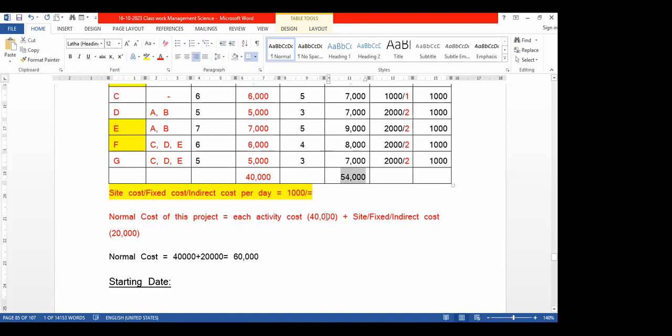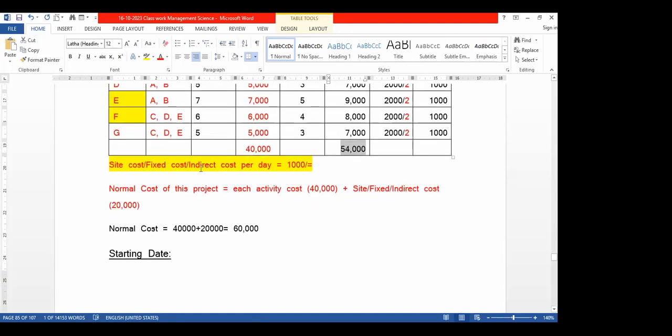So then 13 days into 1,000, no? Indirect cost also will come, right? 13 days into 1,000, 13,000. Then 54 plus 13 you have to make 67. That is the logic, right? So 67. Okay.